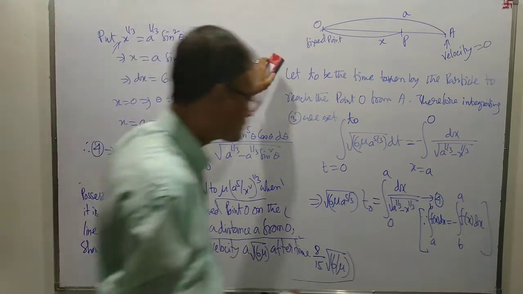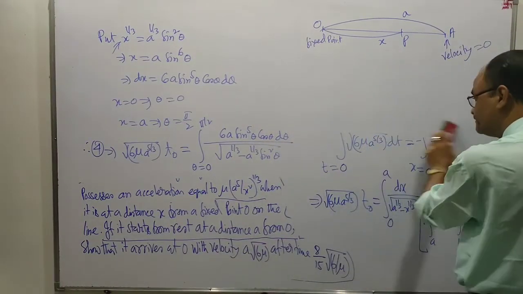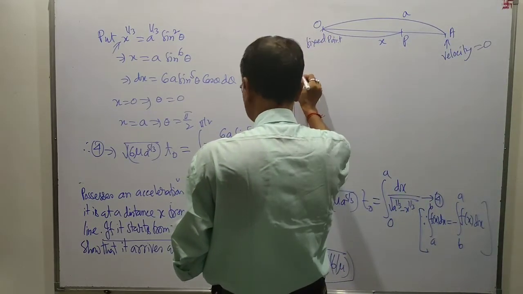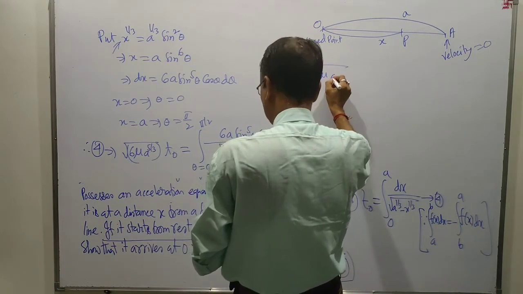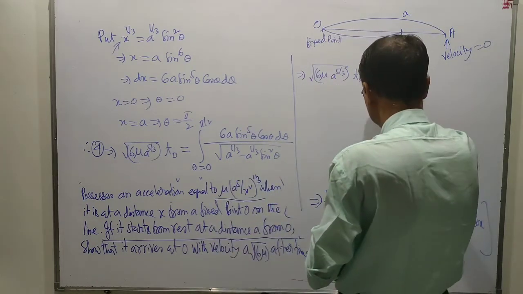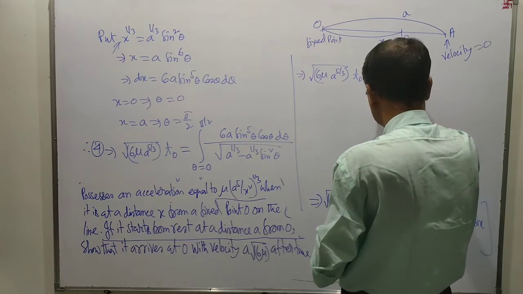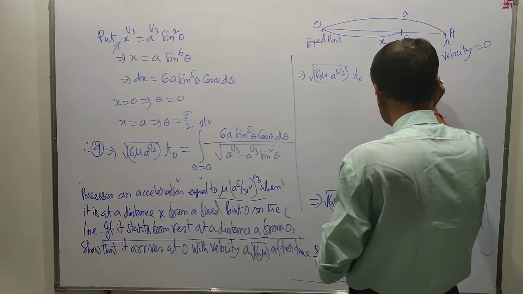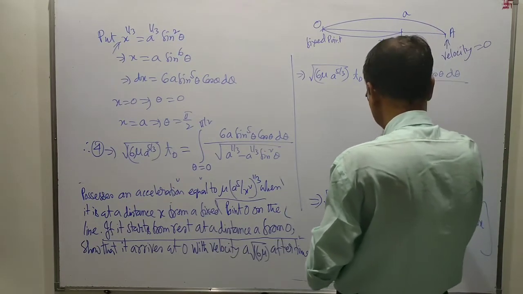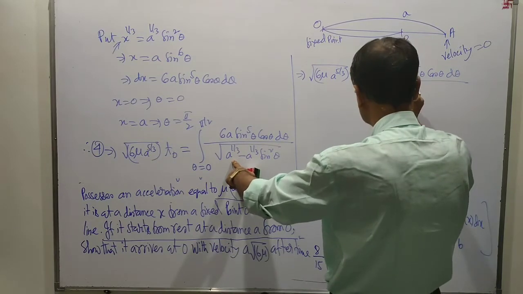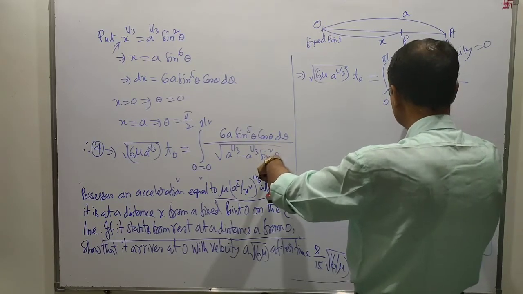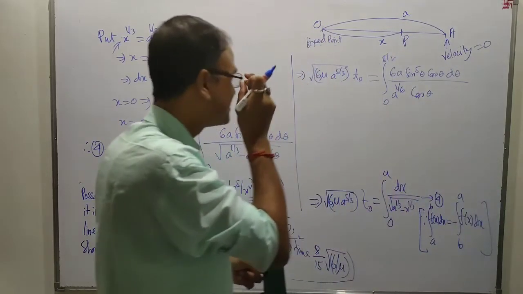Now, this means root over 6 mu a to the power 5 by 3 T naught should be equal to the integration from 0 to pi by 2 of 6a sin to the power 5 theta cos theta d theta divided by a to the power 1 by 3 common. Root over is also there, so a to the power 1 by 6 will be there. Root over 1 minus sin square theta means cos square theta. Root over means it is cos theta.